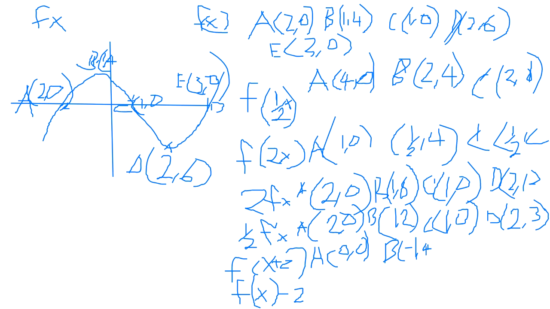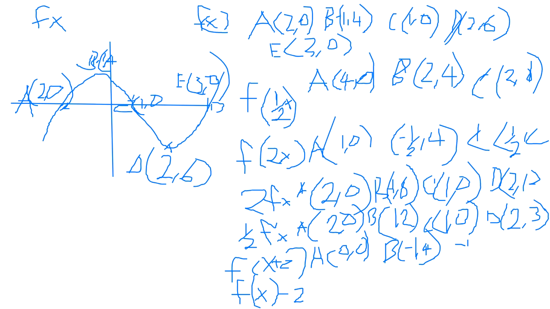The point C will also be minus 1. Please, the B was supposed to be negative. So here must be negative, here must be negative. I'm so sorry.